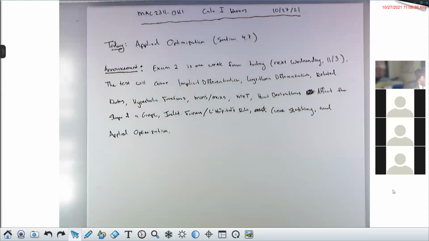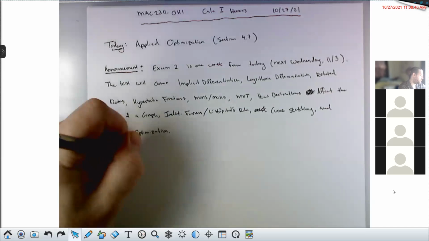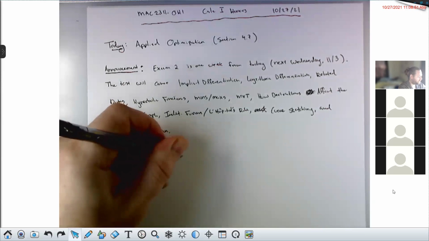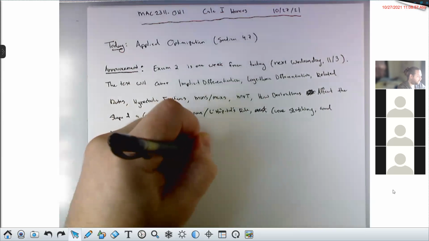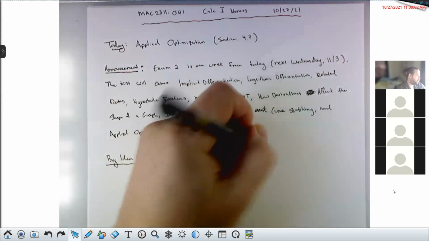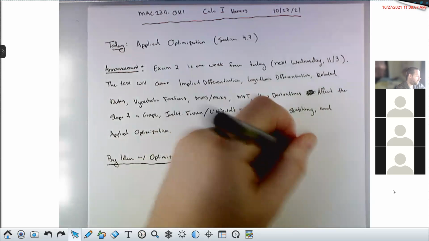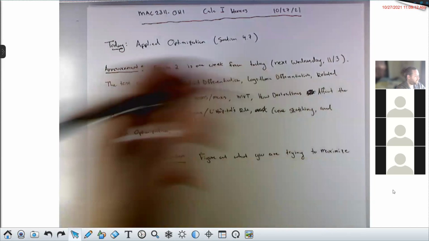Okay, let's look at some optimization problems and let's start easy. The big deal with optimization is to figure out what you are trying to maximize or minimize.